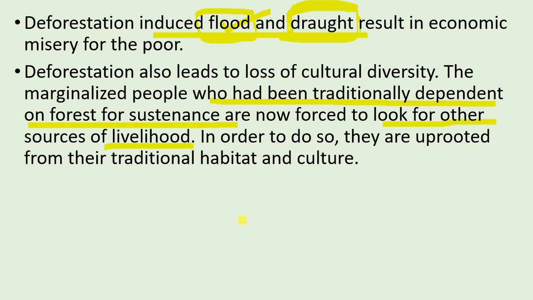Their dependency was on forest and that forests are decreasing, so they are bound to search for some other sources of livelihood. In order to do so, they are uprooted from their traditional habitat and culture, and this way their traditional habitat and culture is day by day vanishing, you can say, or disappearing.